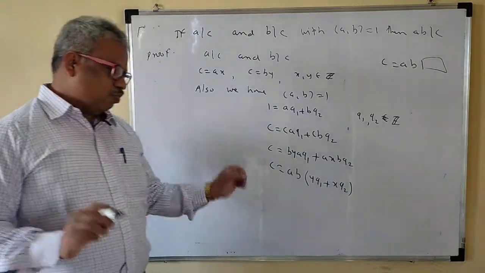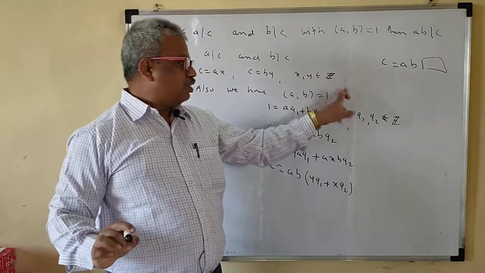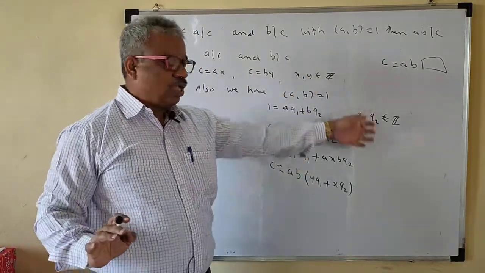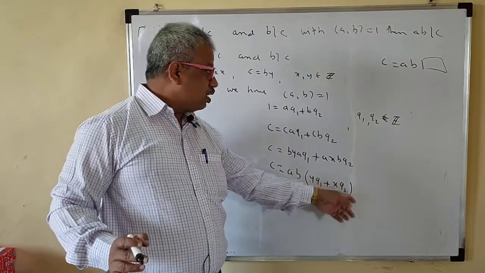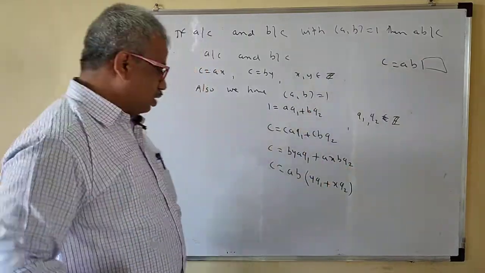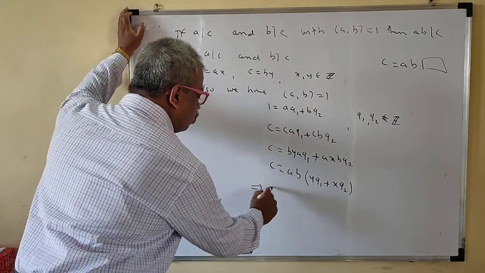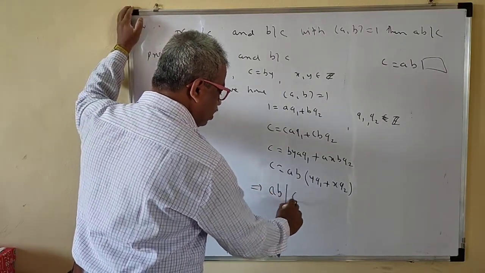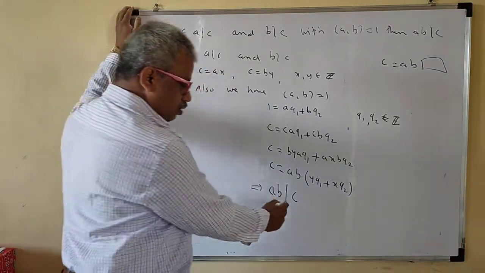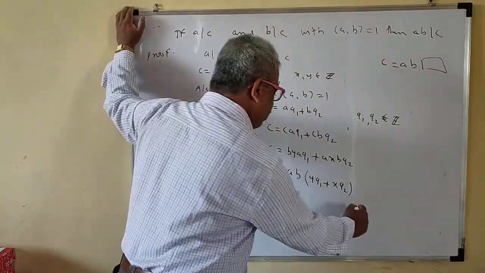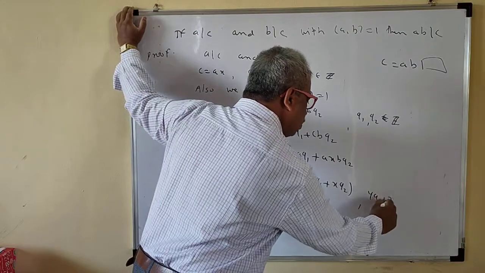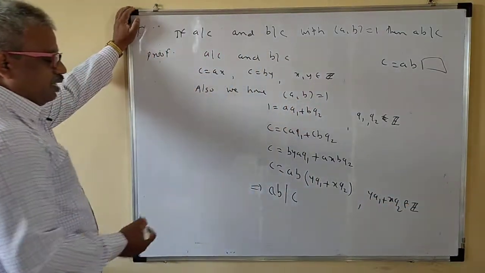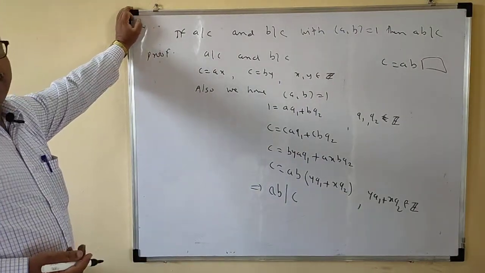Now this X, Y, Q1, Q2 are all integers, so the linear combination is always an integer. So C is equal to AB into some integer. I write here YQ1 plus XQ2 belongs to Z. So this implies that AB divides C, and that is what we wanted.